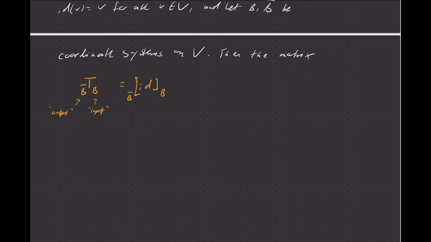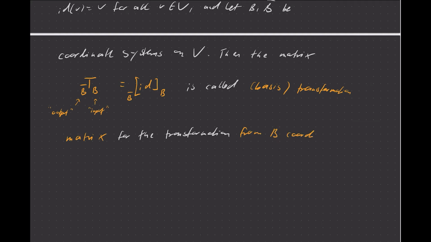So this matrix here is called the basis transformation, or just transformation matrix, for the transformation from B coordinates to B bar coordinates.